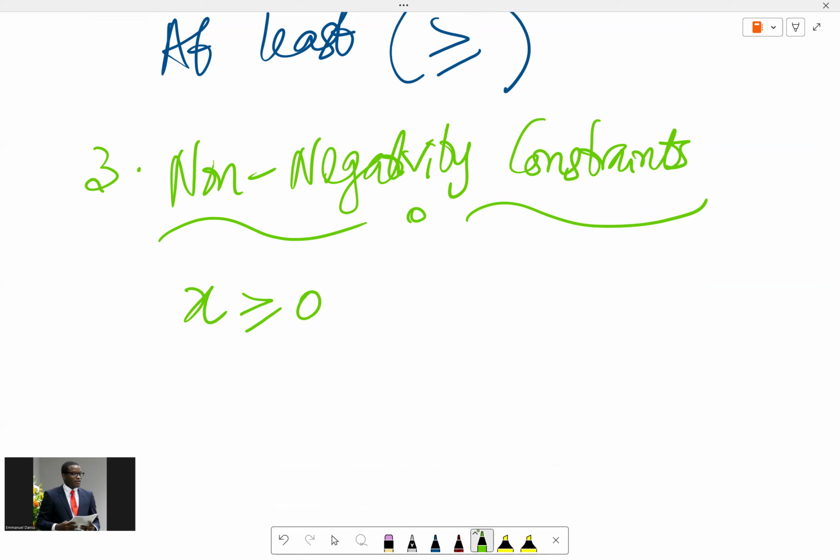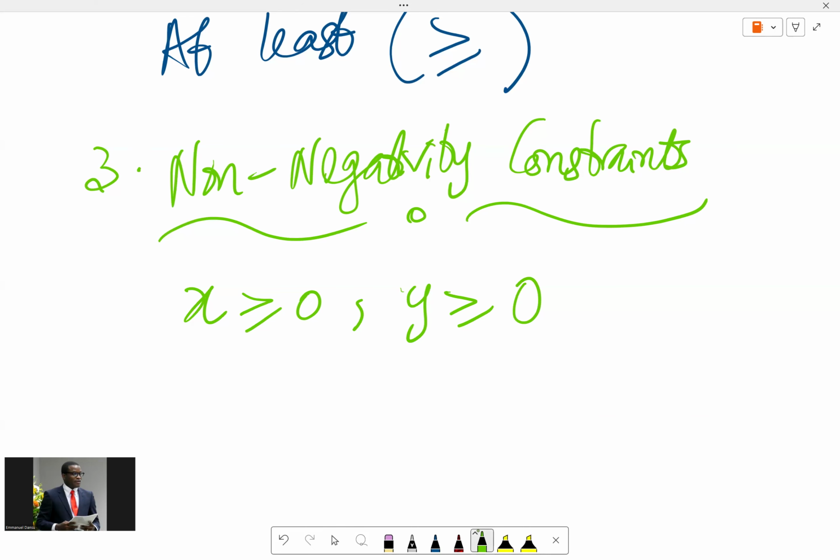Either you don't patronize magazine A at all, which is zero adverts, or you do. It can't go negative. Same for magazine B. So you can have zero adverts or greater than zero adverts with them. Those are the constraints now.